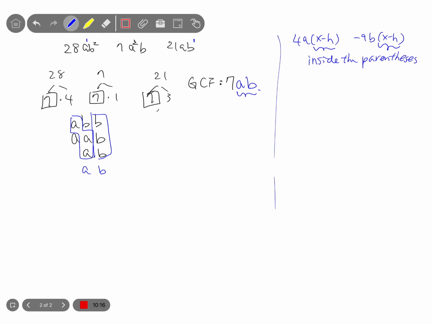So that means we have 4a times the quantity x minus h. We also have negative 9b times the quantity x minus h. So even though x minus h is subtracting, because it's inside the parentheses being multiplied, it is a factor. So our GCF in this case is just x minus h.